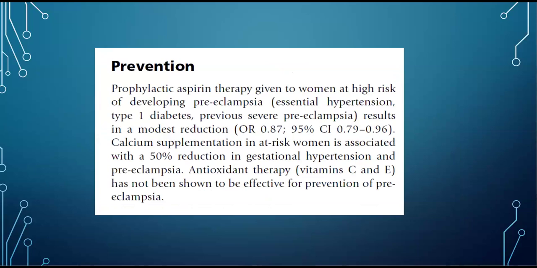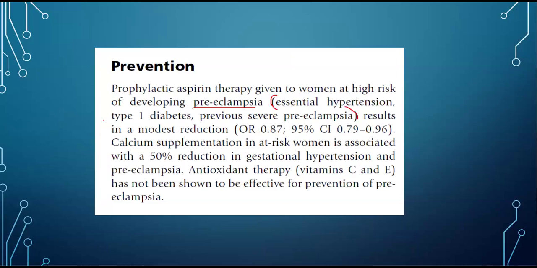So is there any prevention of preeclampsia? According to Lillian Jones, they say that prophylactic aspirin is given to women at high risk of developing preeclampsia, especially someone who has a known case of hypertension, type 1 diabetes, or a previous pregnancy complicated with preeclampsia.